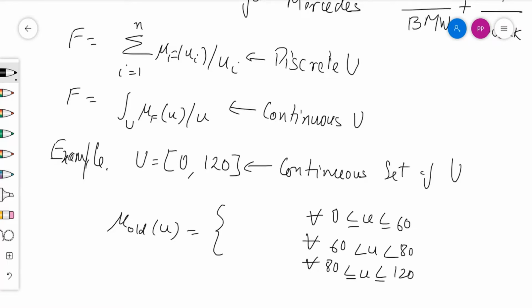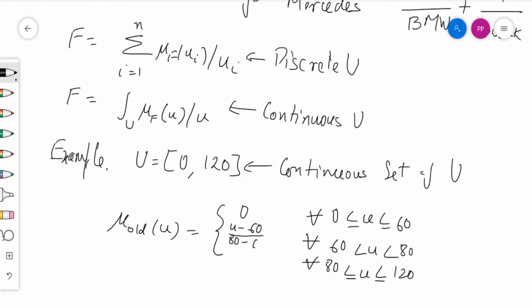Now, the first category is not at all old, so we consider the membership as 0. For the second category, it will be a linear change, so we take u minus 60, from 60 to 80, gradually starting from 0 and going upward, divided by 80 minus 60.